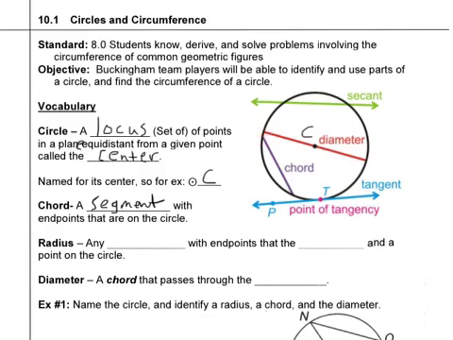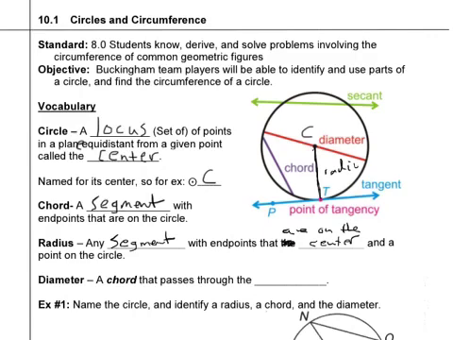The radius is any segment with endpoints that are on the center and a point on the circle. So actually we don't even have a radius drawn here, but if I wanted to, I would just go straight like that, and that would be a radius right there.